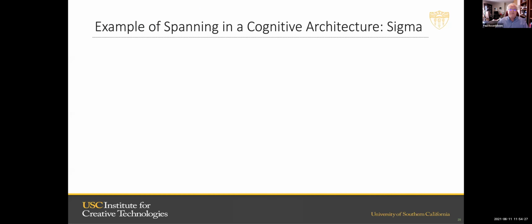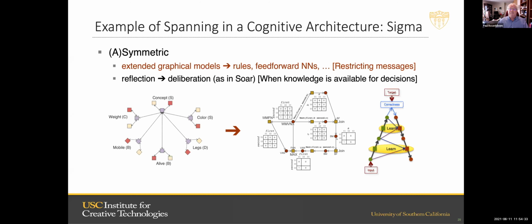Okay, if we go to Sigma, and its grounding in the cognitive common model and SOAR. When we're talking about asymmetric, one of the big new things in Sigma was to go with what are called extended graphical models, which can do things like Bayesian networks and factor graphs. But by restricting the directionality of message processing, we can support rules and feed forward neural networks as well.